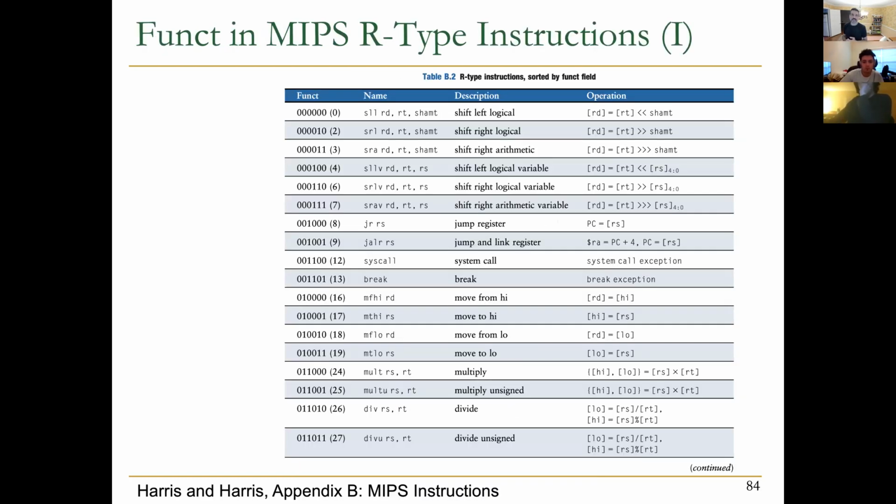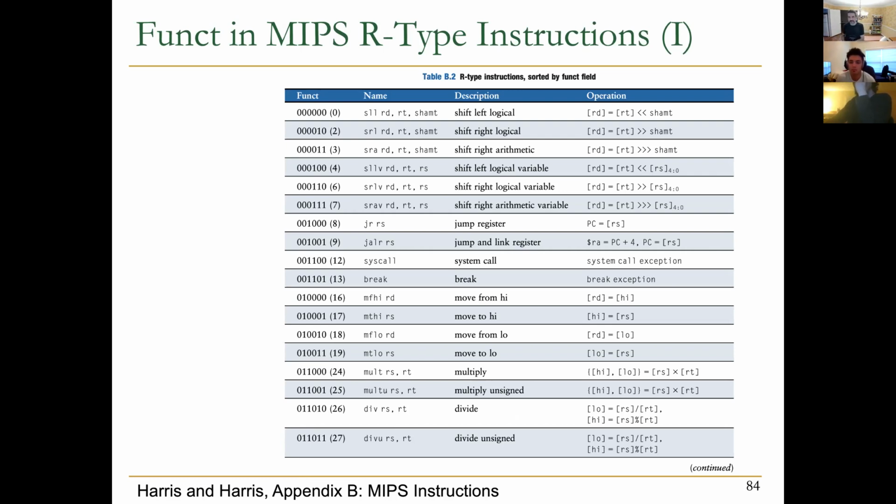And this is for MIPS. So in MIPS, you remember we had 6 bits for the opcode. So this is part of the ISA for R-type instructions. In R-type instructions, you remember you have an opcode of all 0.